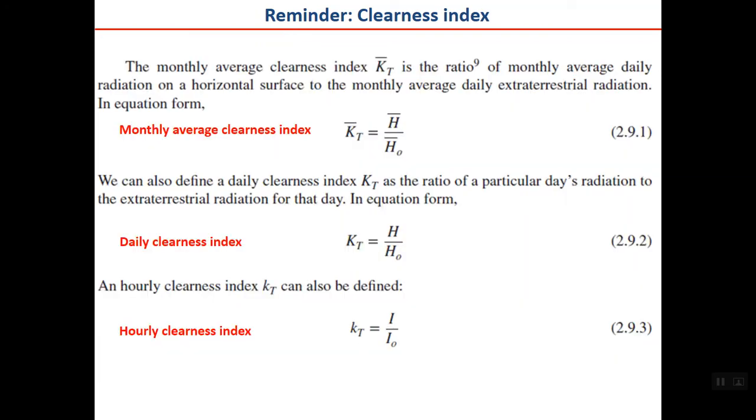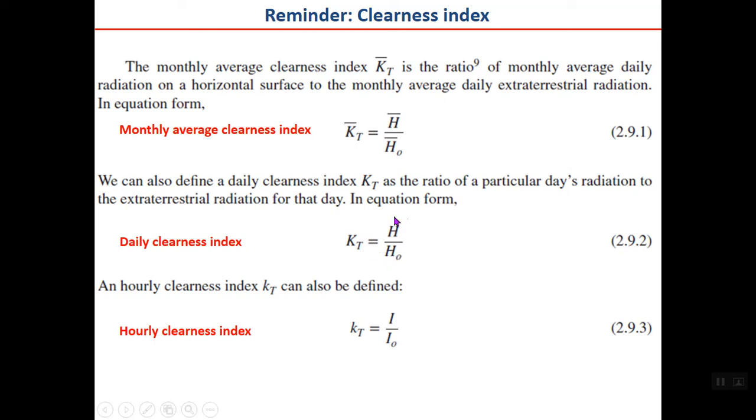If you remember, we have 3 types of clearness index, or the clearness index may be given in 3 forms. Let's start with the daily clearness index, which is shown by capital K with a subscript T, which is the daily solar radiation on the Earth's surface, H, to the daily extraterrestrial radiation.